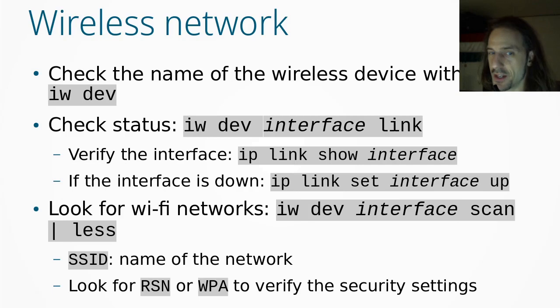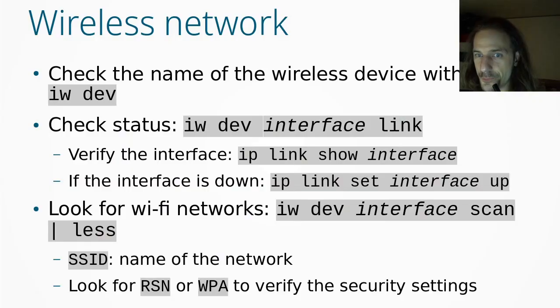So we can check its status with iw dev, the interface name, and the command link. This command gives us the not connected answer, which means, yeah, it's not connected, but it's not that much information. So let's verify the interface through the ip link command.